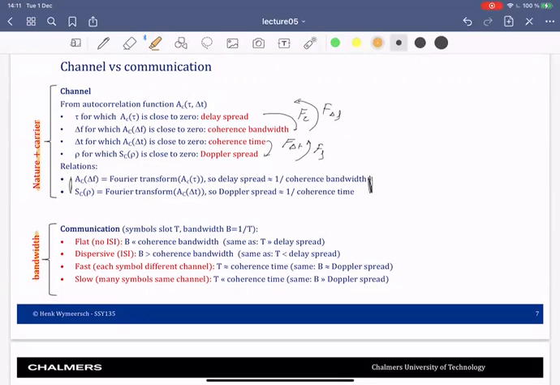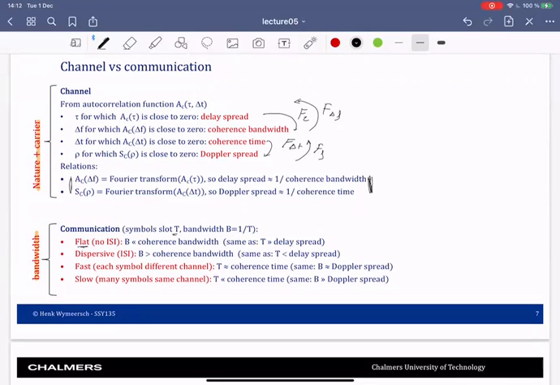Once we've chosen a communication bandwidth, then we can relate the bandwidth and the inverse of the bandwidth, which is the symbol slot duration, to this delay spread, coherence bandwidth, coherence time, and Doppler spread. And then we recall that communication is flat, so that means there's no intersymbol interference, when the bandwidth is much less than the coherence bandwidth, or the symbol slot duration is much larger than the delay spread.